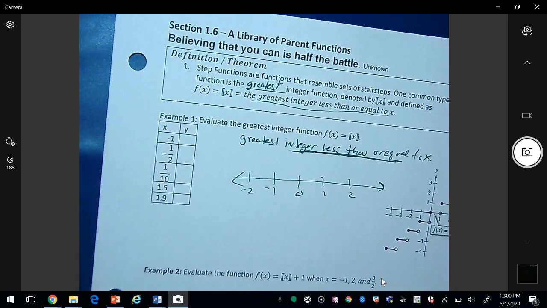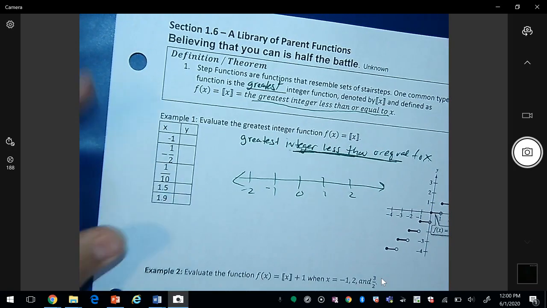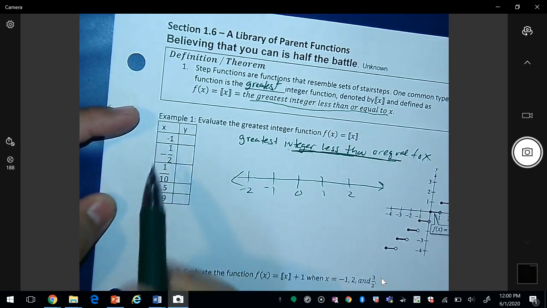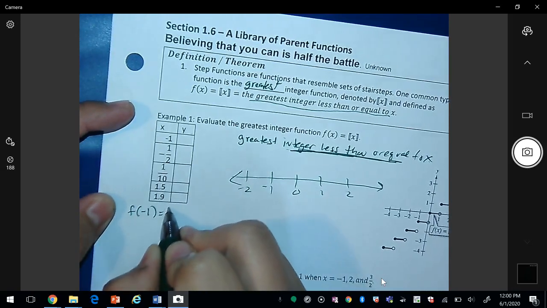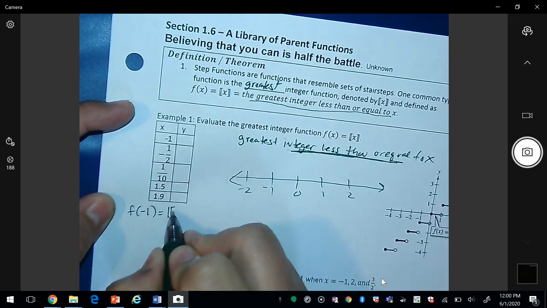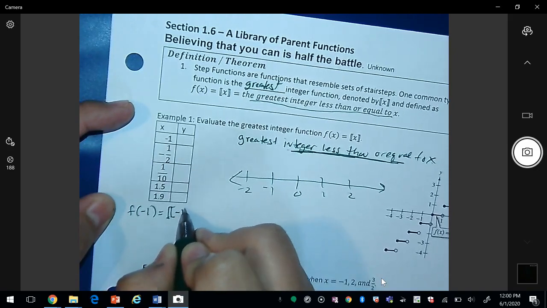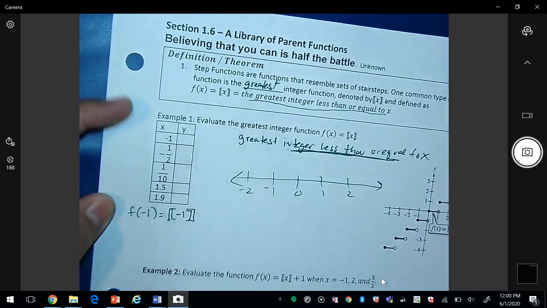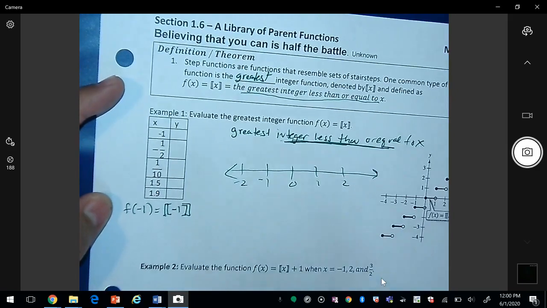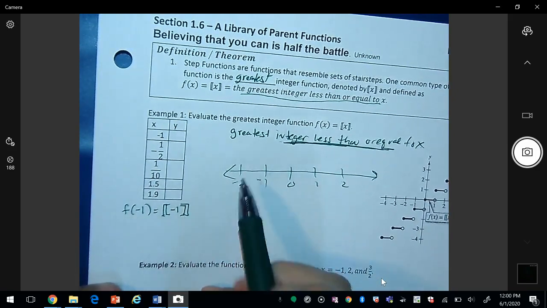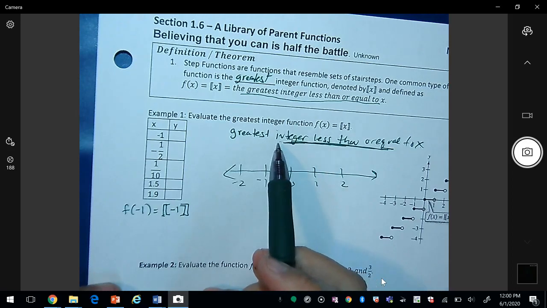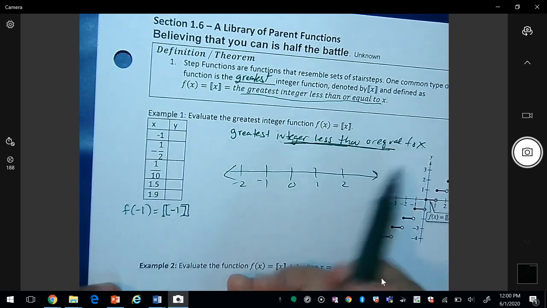Okay, so if we're looking at f of x is -1, and if I plug it in here for x, then when we bring this out, the definition says that it's going to be the greatest integer less than or equal to x.